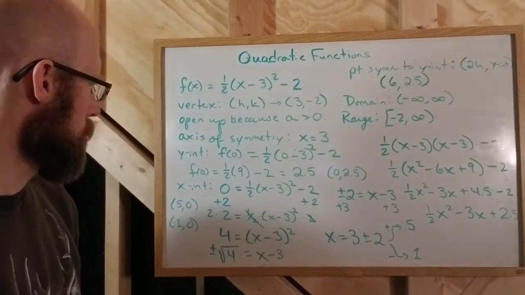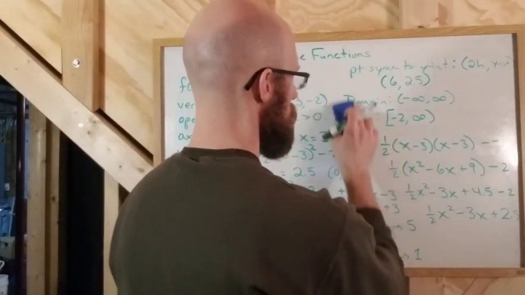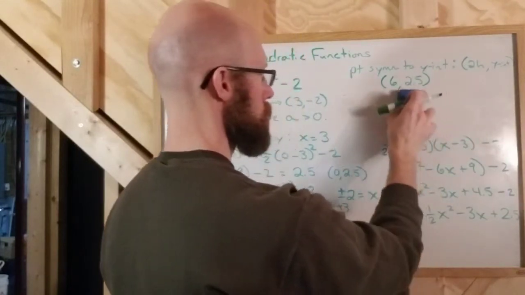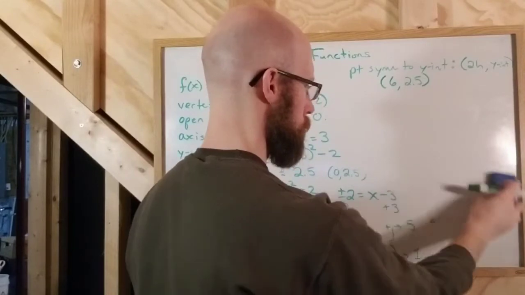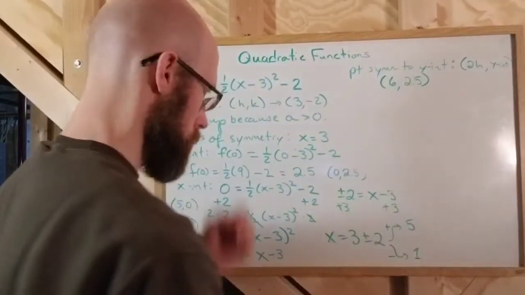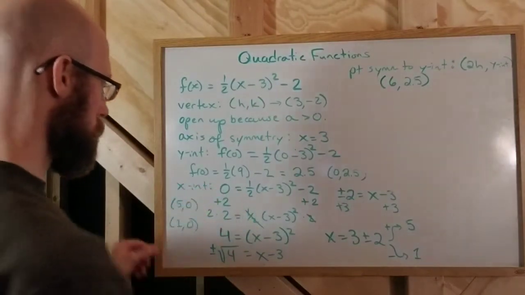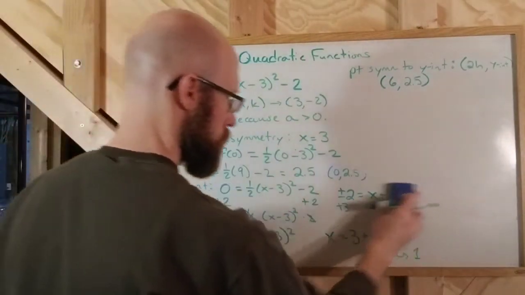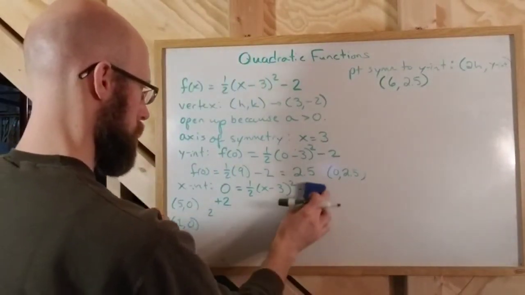We are going to be a little short on space here, so I'm going to erase my standard form and the domain and range, because those don't actually show up well on the graph. I can't really plot those. And I'm going to get rid of my work on the x-intercepts, just so I have a little more space. I can do that without ruining anything.